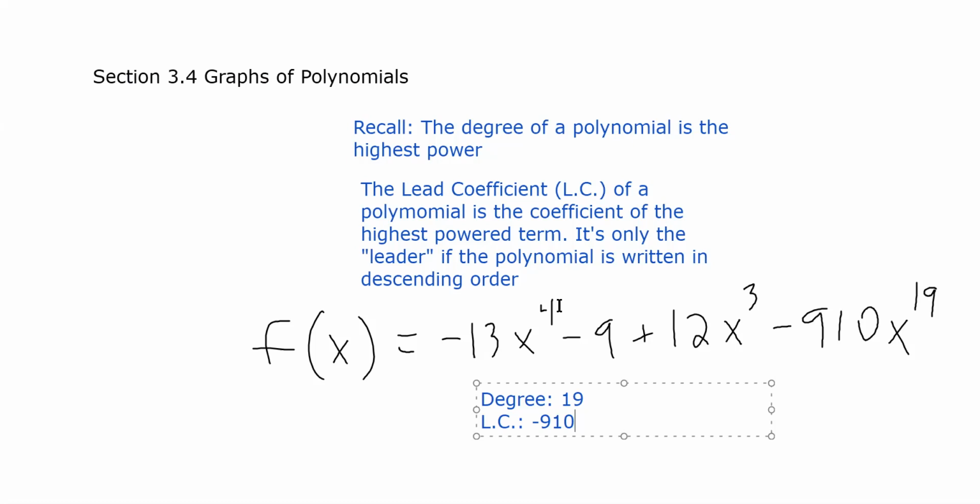And generally speaking, I always make this joke. One of you will betray me and you will call this the lead coefficient, the negative 13 here, and you will have been tricked, but it's probably just due to exam stress. But just keep that in mind. That is something that we're going to need to remember.